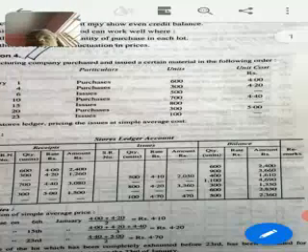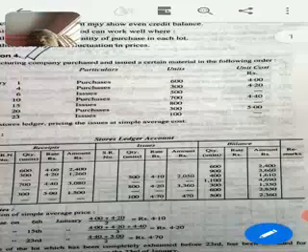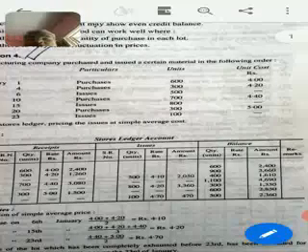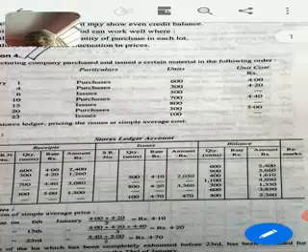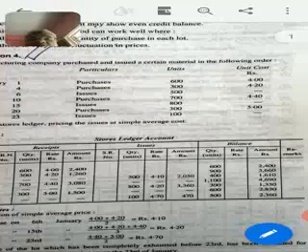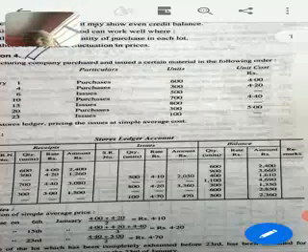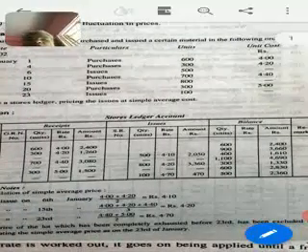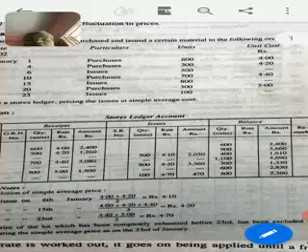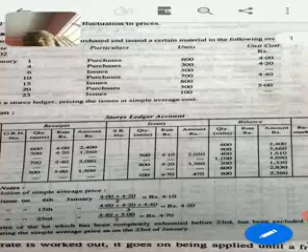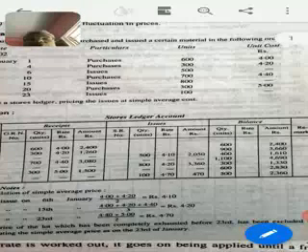So when we are issuing these 500 units, we have two rates, that is rupees 4 and rupees 4.20. Since we have both the stocks at that time, we'll take the average of the prices. So it will be 4 plus 4.20 divided by 2, which will give 4.10. So 500 into 4.10 will be 2050.